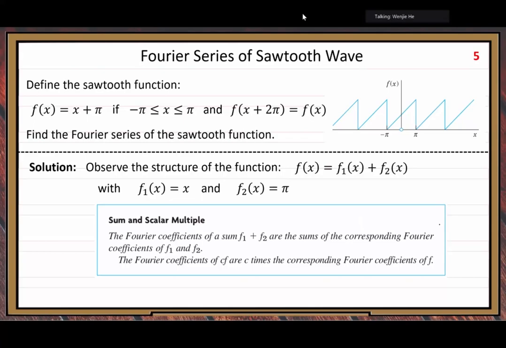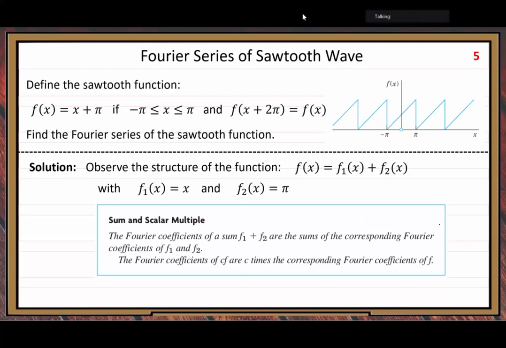Although for this special example it looks very simple, for some other relatively hard examples, if you can observe this property and split, then your calculation is much easier. If you put them together, you can also calculate, but the calculation is much harder.